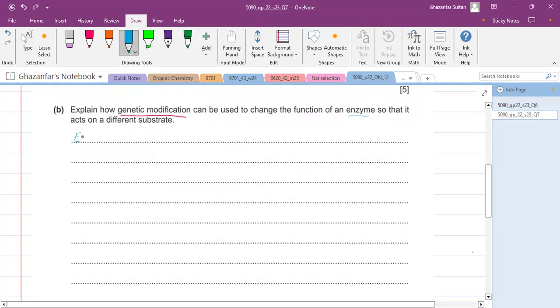So see, I'm starting from enzyme, that enzymes are proteins while proteins are gene expression.